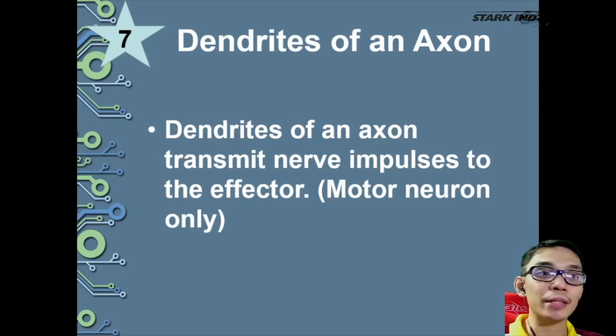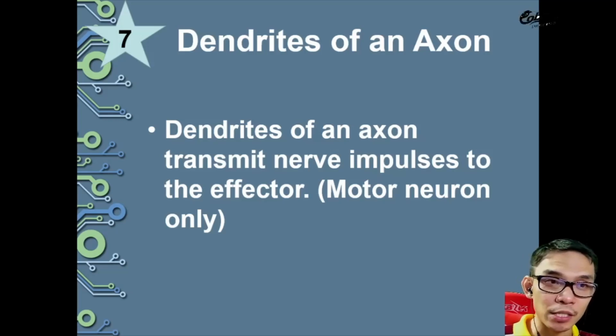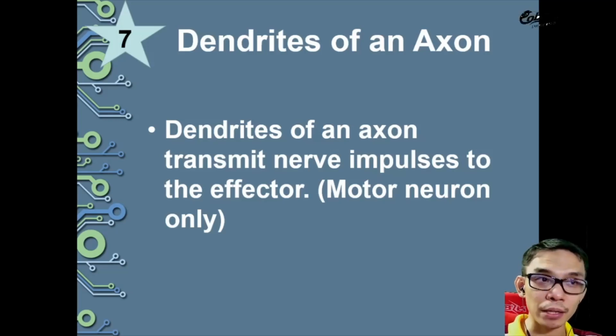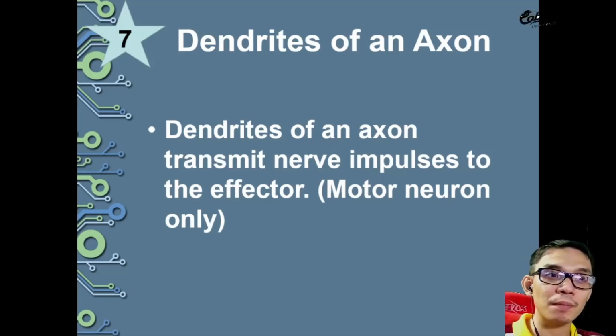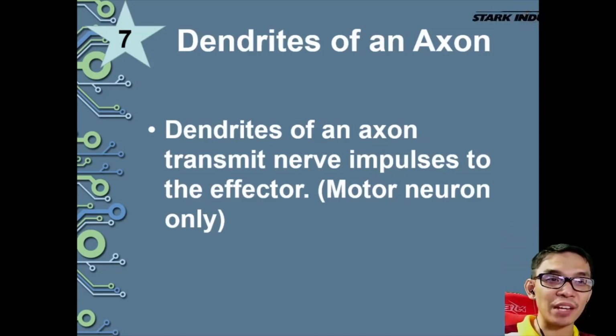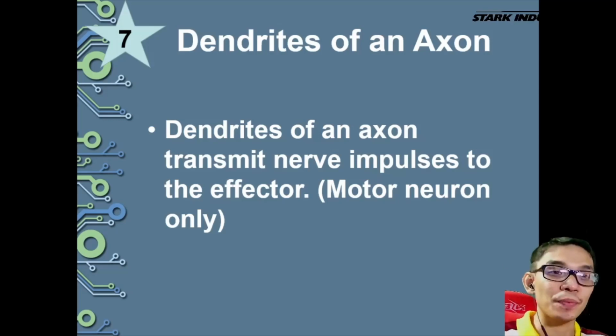That's the purpose of the dendrites of the axon. Same as the dendrites found in the cell body, but instead of receiving, they transmit.